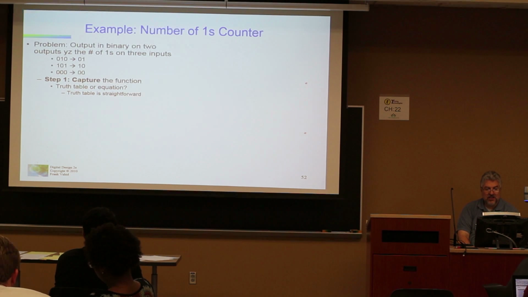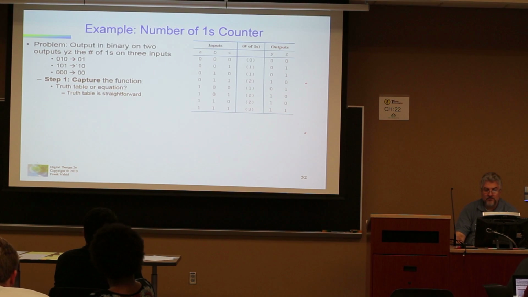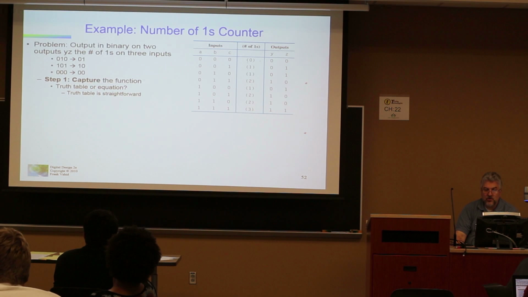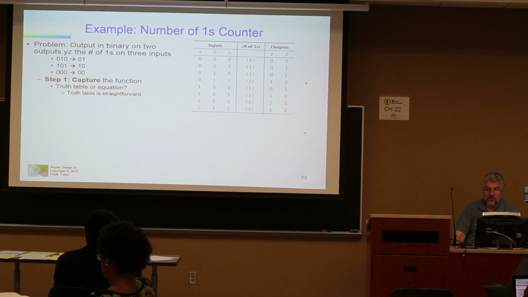So it looks like the truth table would be relatively easy to identify because you would have, in this case, counting up the number of 1s, you would have A, B, C, multiple inputs, multiple outputs. Remember, we've seen an example where you can do that. And then you could convert this into the equation.